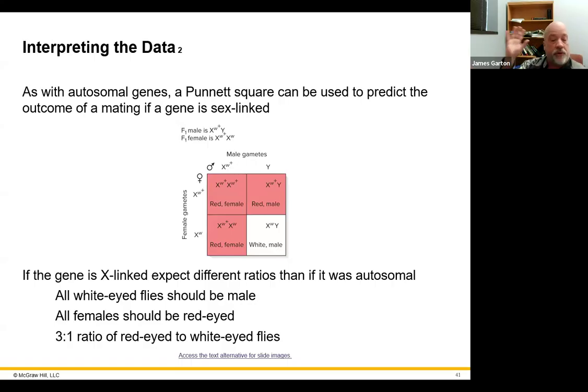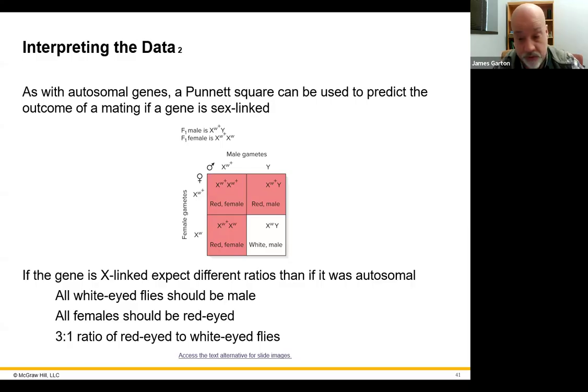An easy way to look at that is that the white-eyed individuals should be about 50% female and 50% male. And they're not. And so in this particular cross, the only white-eyed flies were male. And if that gene was on an autosome, that shouldn't be the case.